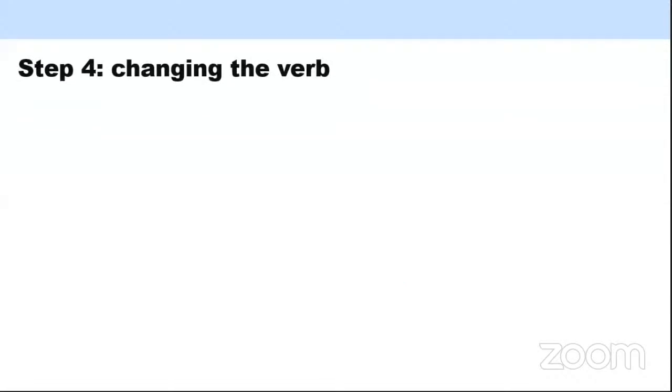Let's move on to the next step. Now you know the tense of the verb sentence. So we are going to change the verb of the passive sentence.